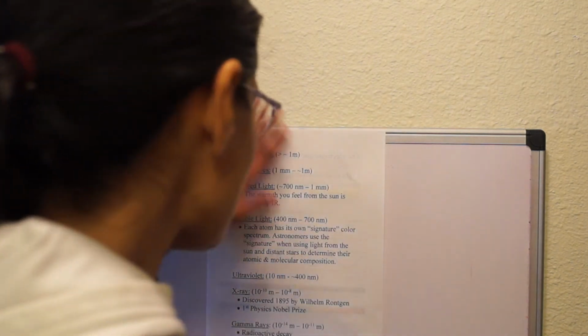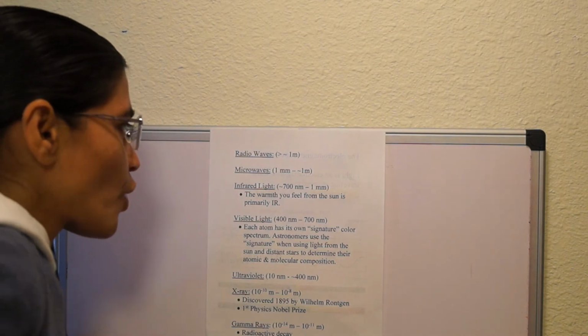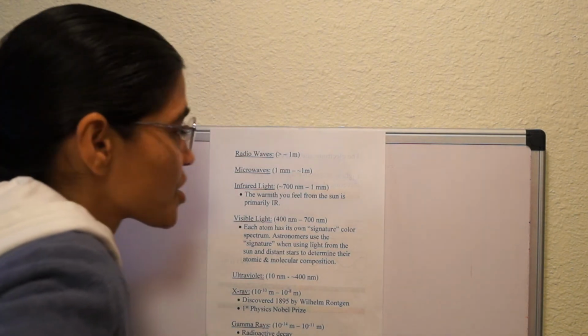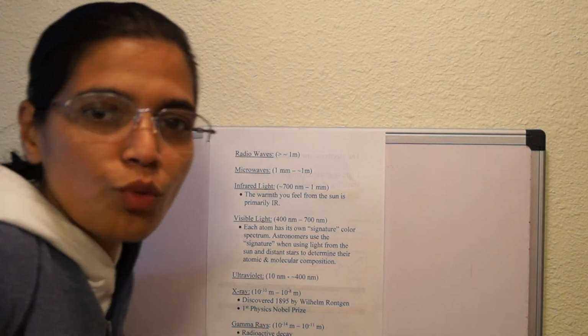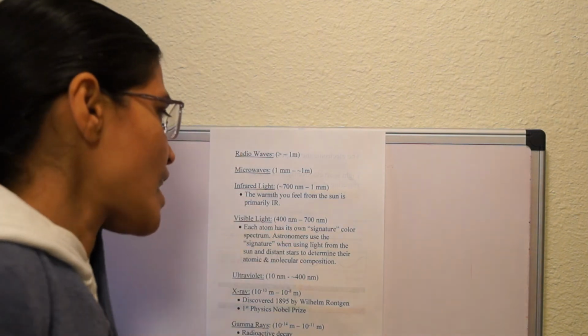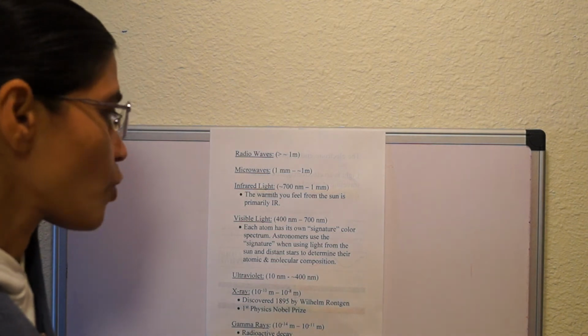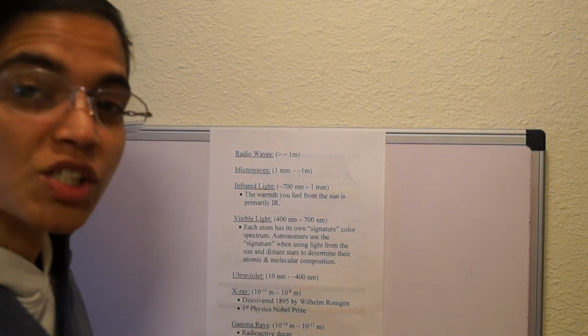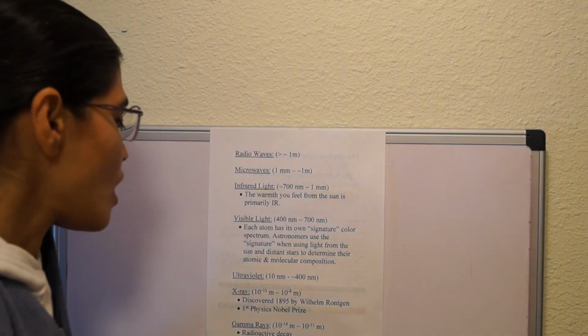This is just a summary page of what we just talked about. Radio waves have wavelength greater than 1 meter, microwaves lie between 1 millimeter and 1 meter, and infrared light is 700 nanometers to 1 millimeter. Basically the warmth you feel from the sun is actually infrared, primarily IR.